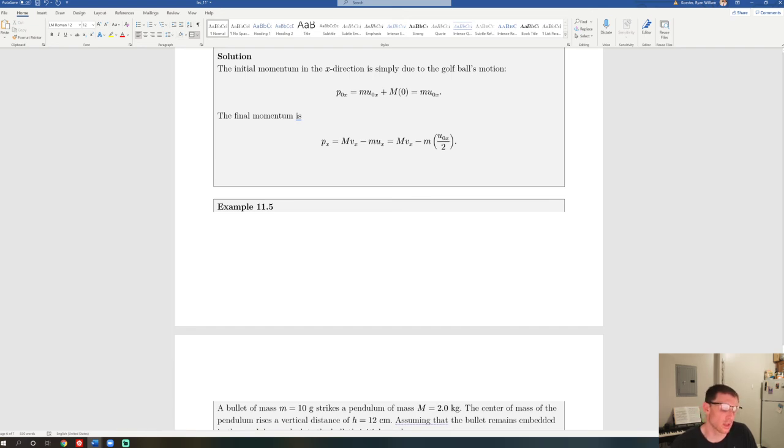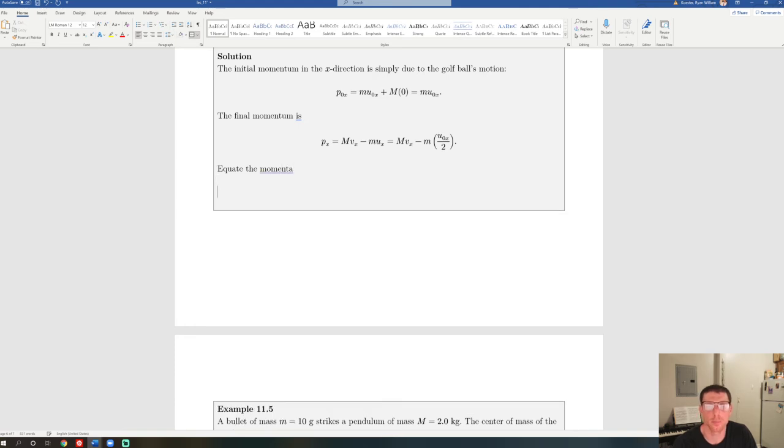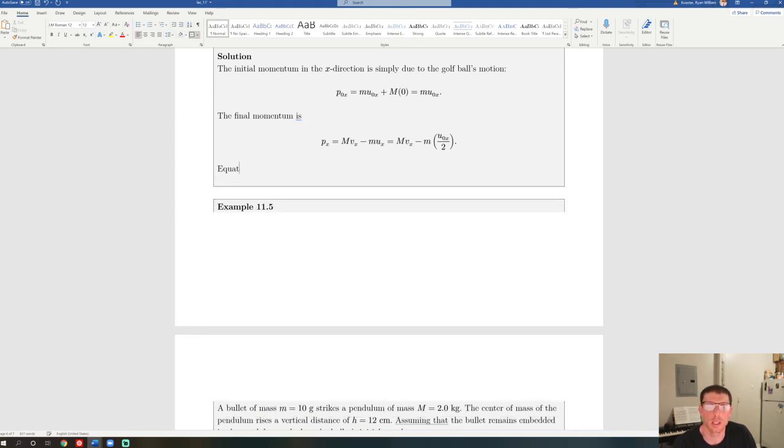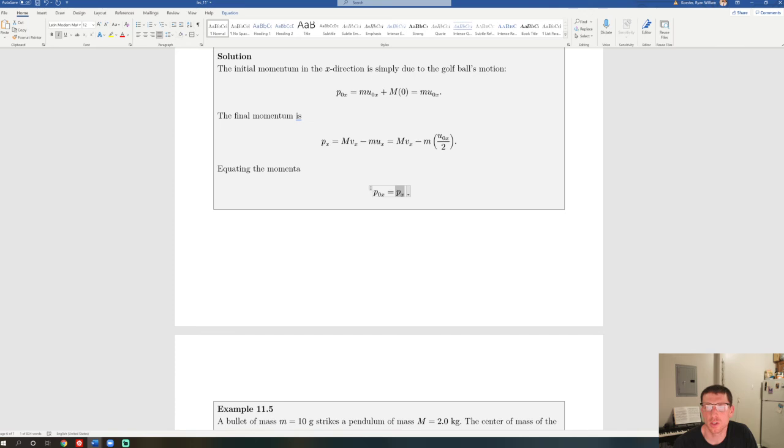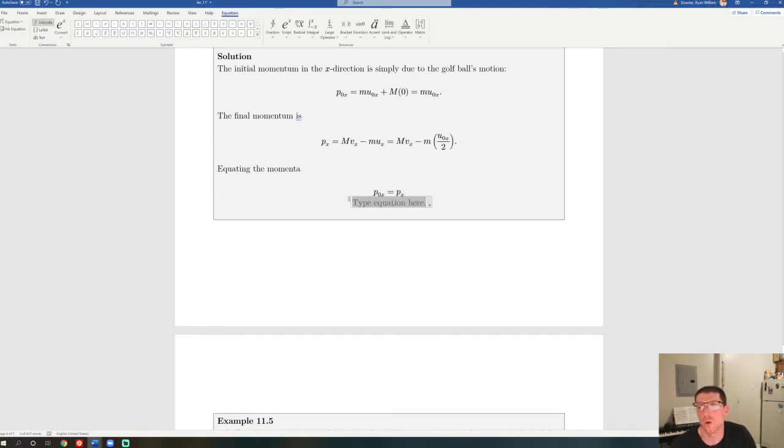And so again, we equate the momenta. We have P initial x equals P final in the x direction, and then we just substitute in what this is. So remember, this is our initial momentum, and this is our final momentum of the system.